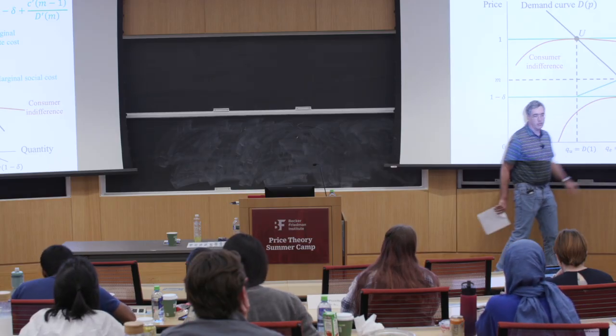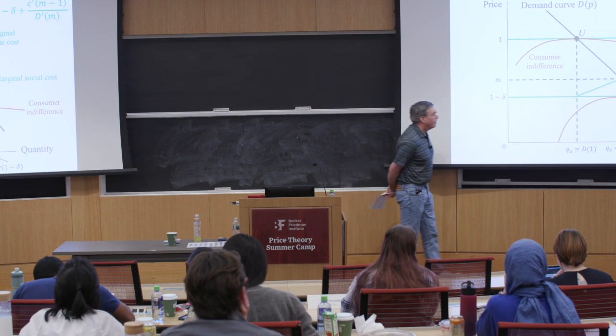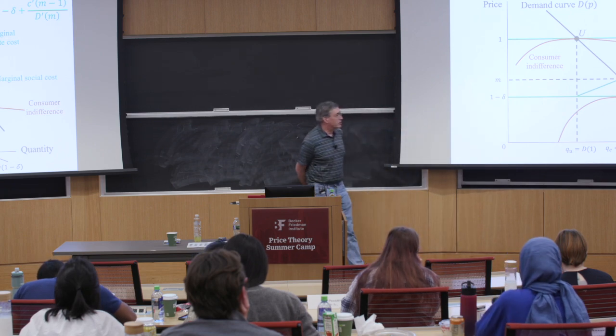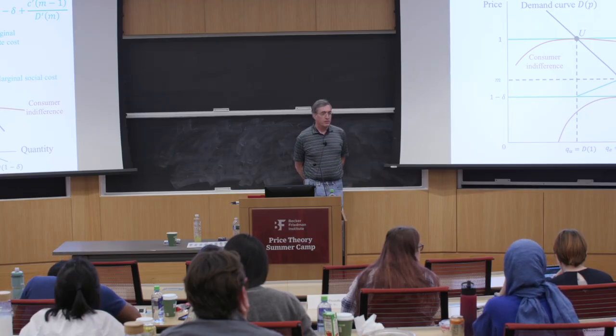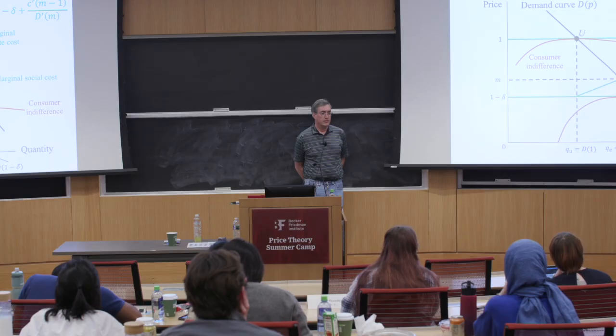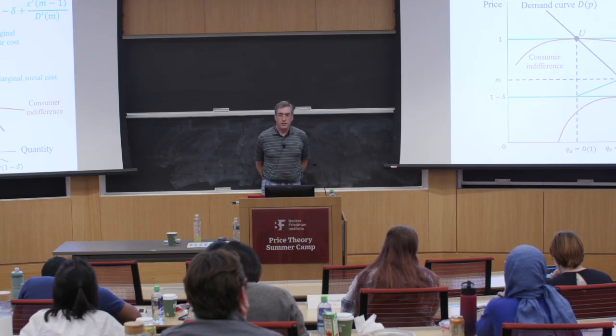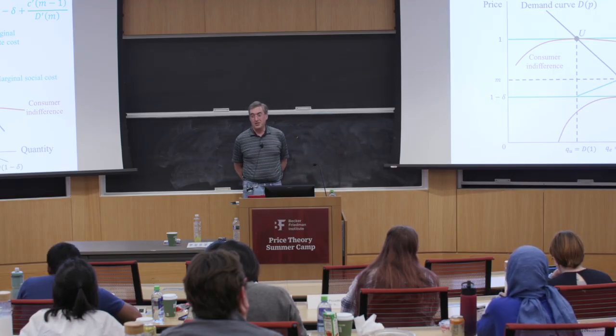What's wrong with the Pigou answer in this? In this setup, why, if you were at the Pigou quantity, d of 1 minus delta, why can you do better by cutting back? Yeah. People have the big arbitrage. They can, yeah.